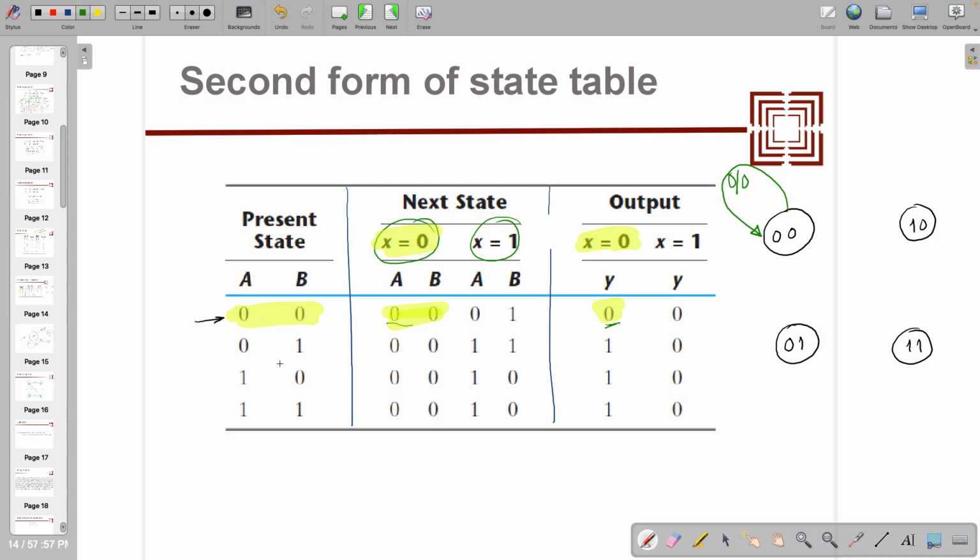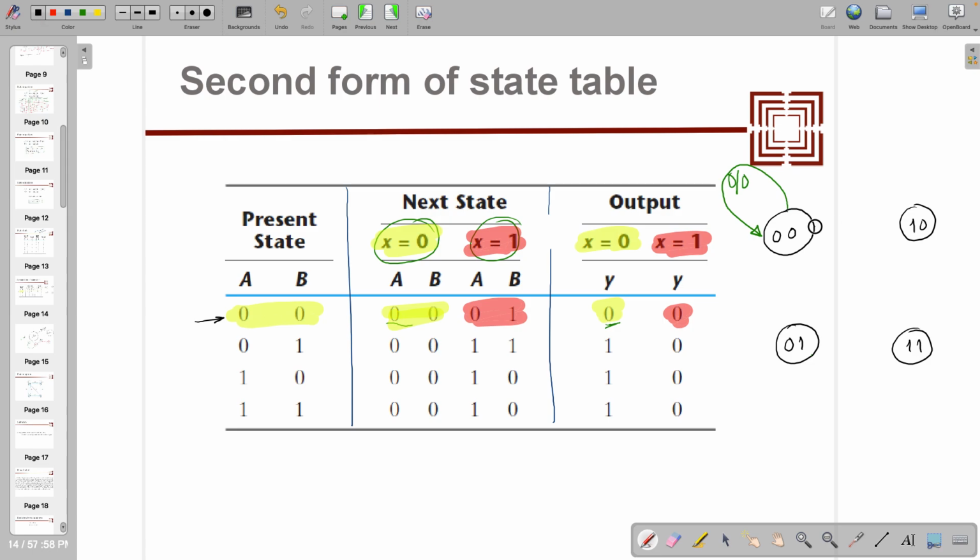So, when it is 0 1, here, next state is 0 0. Let us take this one also. So, 0 0, next state is going to be 0 1.